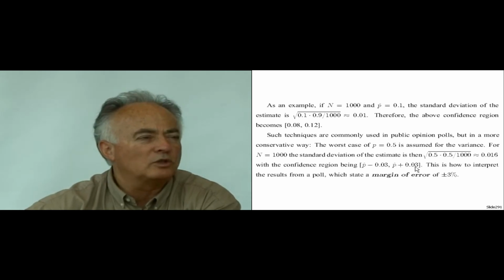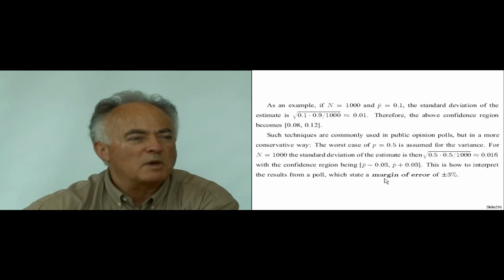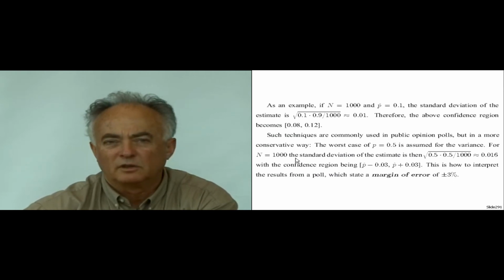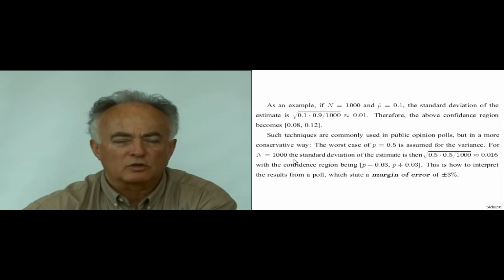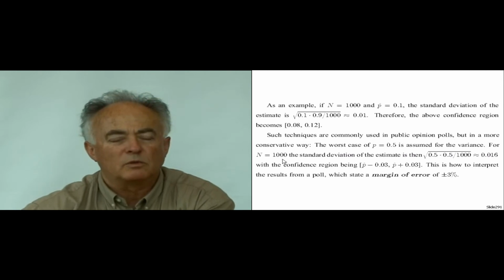This is how to interpret the results from a poll, which in layman's terms say they have a margin of error of plus minus 3%. If you really want exactly 3%, you go to approximately 1,200 such experiments or such answers in the poll. In practice, you've got to be very careful to take what's called a representative sample from the population.